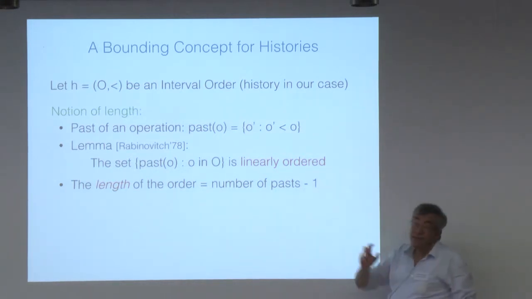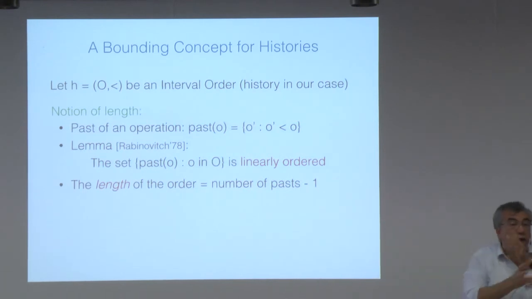Now, if you look at these sets, you can order them totally. You cannot have two completely non-comparable, because you will have two guys here, and then you have to put this edge this way or that way, and then they become comparable. All right? So that's an interesting property, because now we have these pasts, and there is a notion of length of this interval order based on the number of pasts.